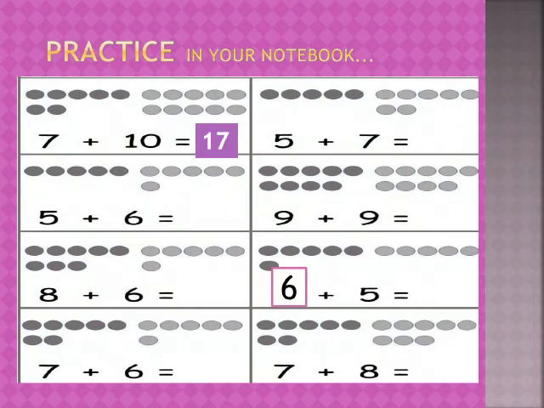Now count the number of circles in the second picture. 5 plus 7, count them all together. So 5 plus 7 is 12. Now 5 plus 6, the answer is 11.